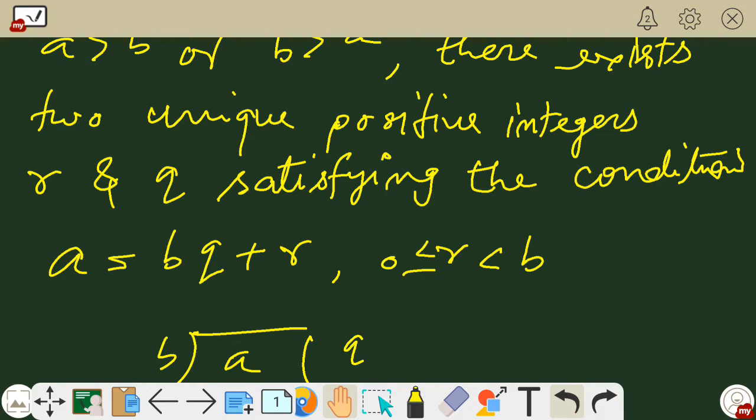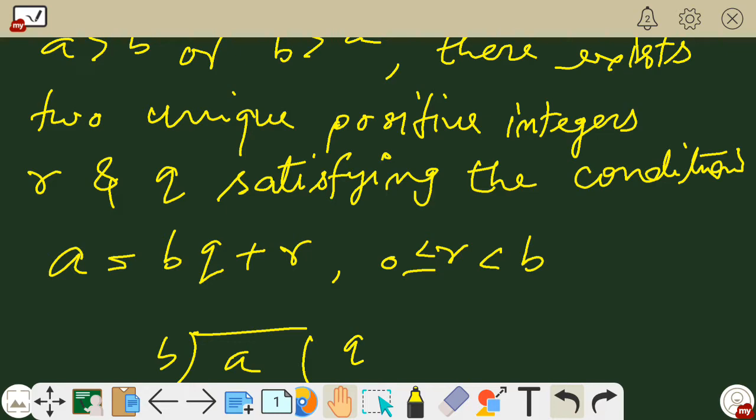This statement is called the Euclid division lemma. Dear students, you must remember this statement, because the CBSE question paper always asks you to write the statement of the Euclid division lemma.